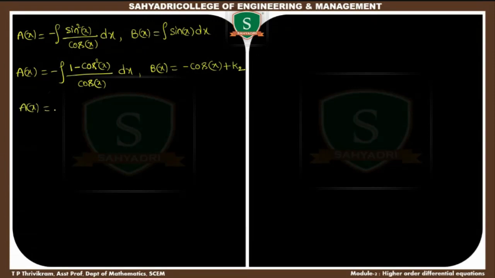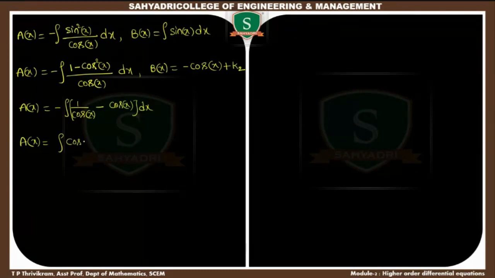A of x is equal to minus of, you can write this as integral 1 by cos x minus cos square x by cos x, it is cos x dx. So a of x is equal to, if you multiply with minus, I'll get cos x minus secant x, 1 by cos is secant, dx.